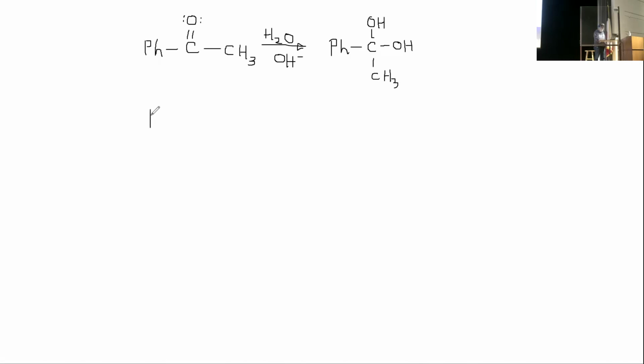So what that means in terms of our mechanism, like I said, to me, it always looks simpler and more straightforward in alkaline medium than in acidic medium. And so, whereas we had to protonate the oxygen first in acidic medium, in alkaline medium we'd better not protonate that oxygen, because then we'd have an oxygen with a plus charge, and that's no good, not in alkaline medium.